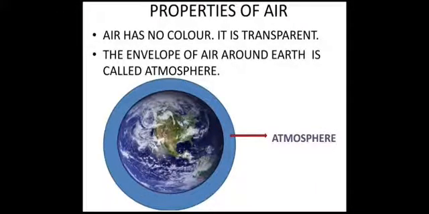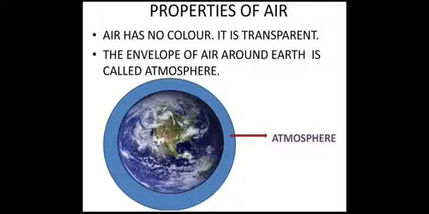And is it transparent or translucent or opaque? Air is transparent. If it is opaque, we cannot see the objects around us itself. Yes or no? So air is a transparent one.